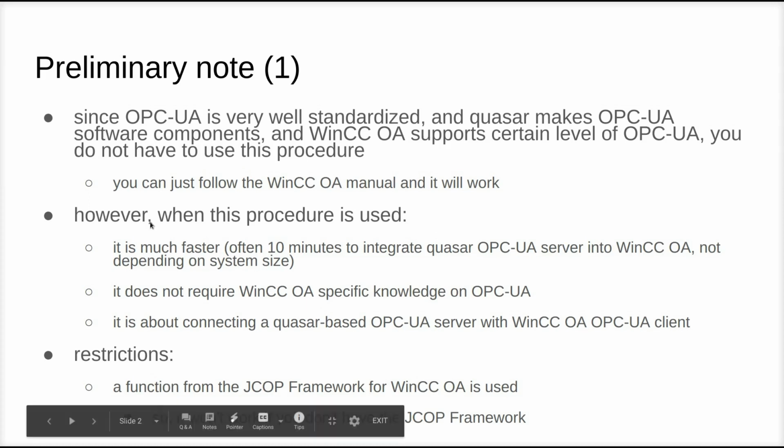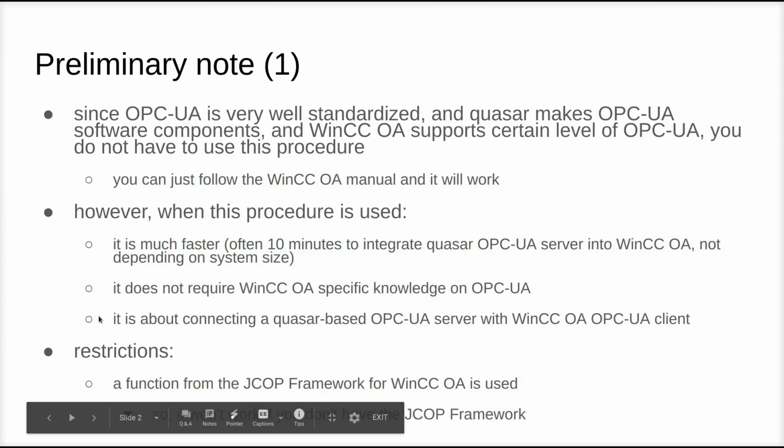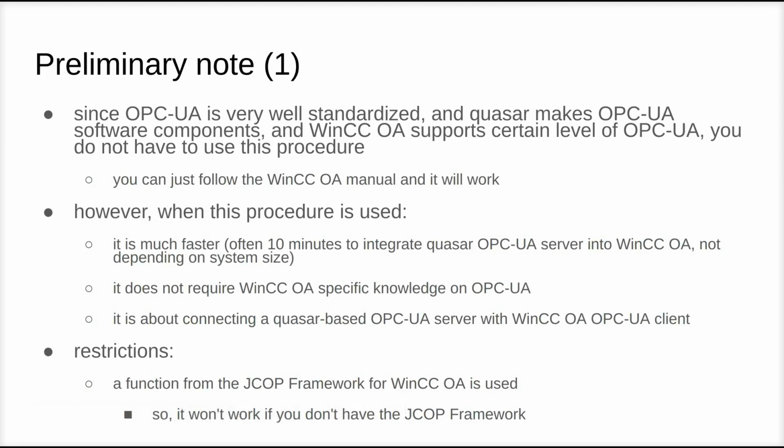A notable restriction to mention might be relevant to whether you come from my employer or somebody connected to my employer or another entity around the world. So Cacophony uses one function from the so-called JACoW framework for WinCC OA.